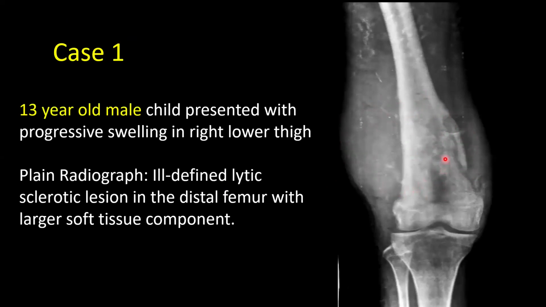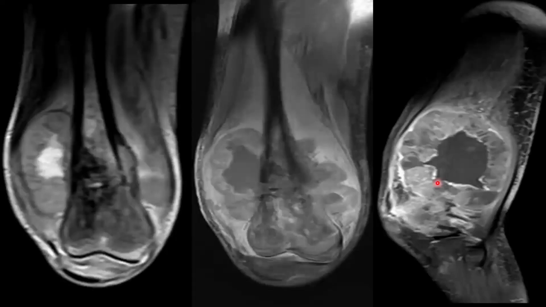Age is also important, and the site of bone involvement is important; it is affecting the central part of the bone. These give some clinical clues to the radiologists about what tumor we are dealing with. As a radiologist, we should always try to see the plain radiograph before going for a differential diagnosis on the MRI.